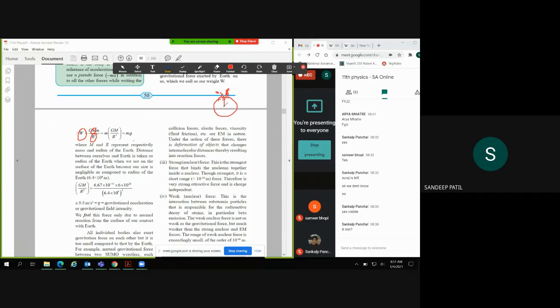This is the main point from where we are getting the attractive forces on our body. The mass of Earth is so high, 6 into 10 raised to 24, and the distance is also very high. Due to this, we can feel that gravitational force.